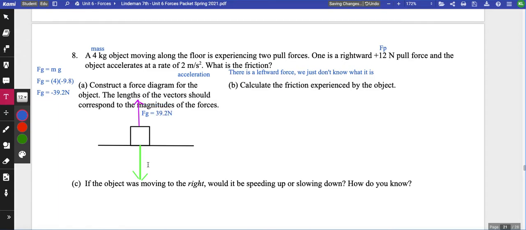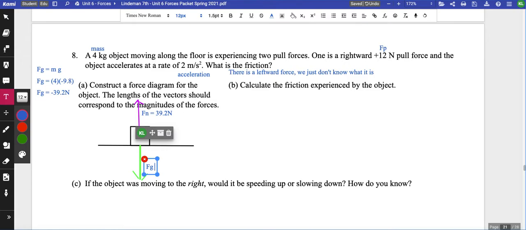As I'm typing in my forces, FG, first of all, I'm not using the drawing symbol, I'm actually typing, okay? It's much easier if you type this stuff, y'all. I'm including if it's negative or positive, I'm including what force it is, and I'm also including a unit. These are all things that you lose points on quizzes.